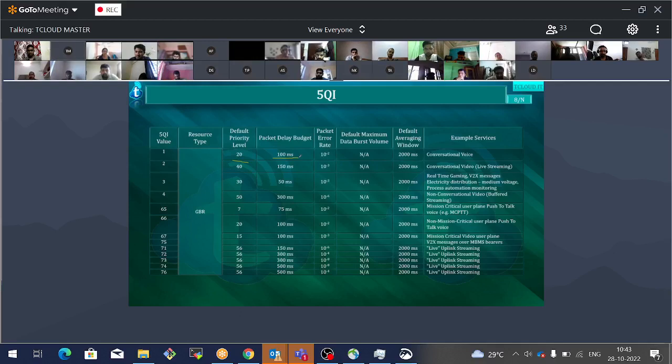So if my computer generated 100 voice packets, one after the other, 98 of them should not cross this 100 millisecond delay that the network is promising you. They should reach from mobile to UPF or UPF to mobile within that 100 millisecond limitation. How many of them? 98 of them. Only for two of the VoIP packets, you are giving some amount of leverage.